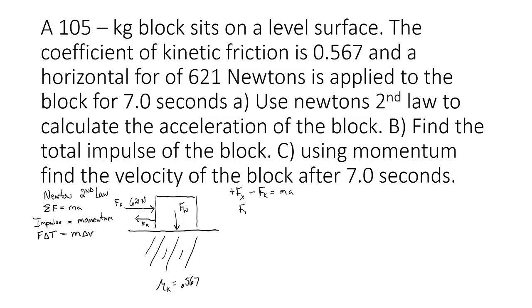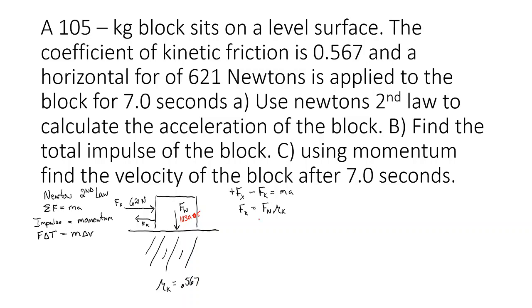I need to calculate Fk. Fk is found by force normal times the coefficient of kinetic friction. Force normal will be calculated by multiplying 105 times 9.81. So if we have 105 times 9.81, we get 1030.05.